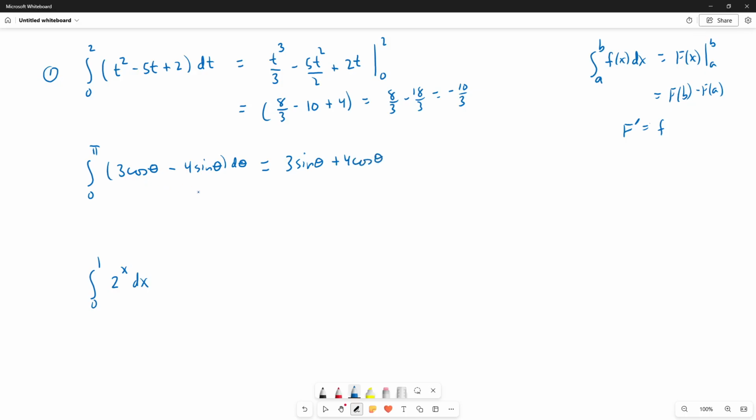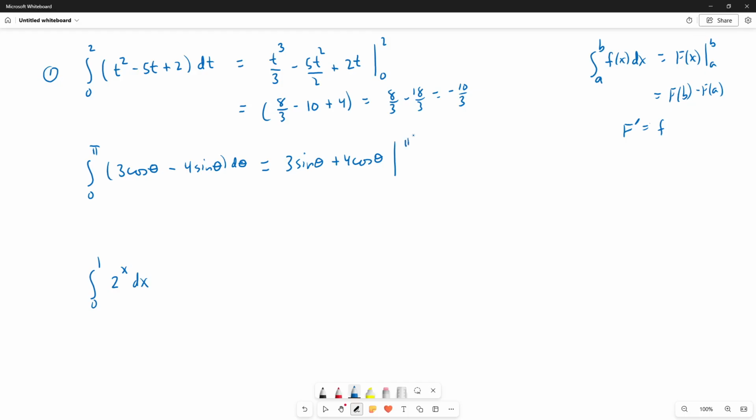And whenever you're doing an antiderivative with sines and cosines, we should double check, because we've probably memorized the derivatives of sine and cosine pretty well. The derivative of sine is cosine, and the derivative of cosine is negative sine. And we can just verify then that the derivative of this function here is indeed this one.